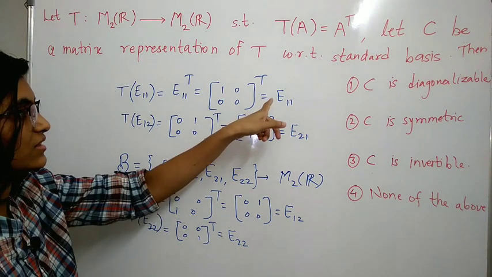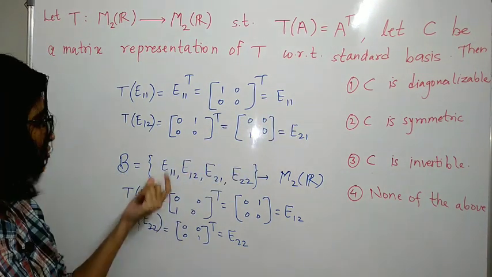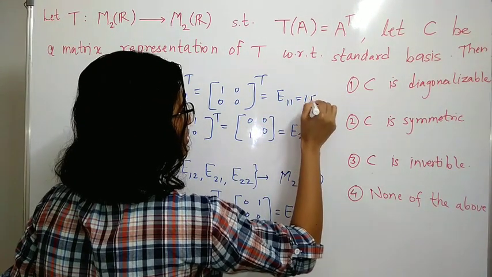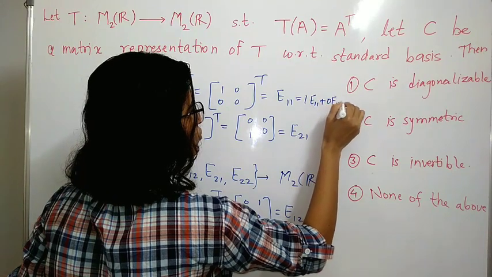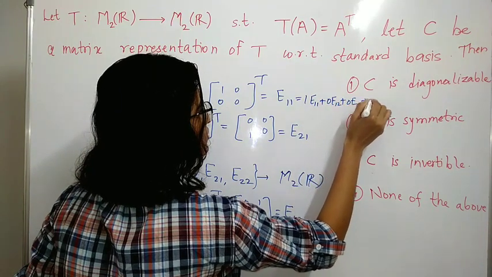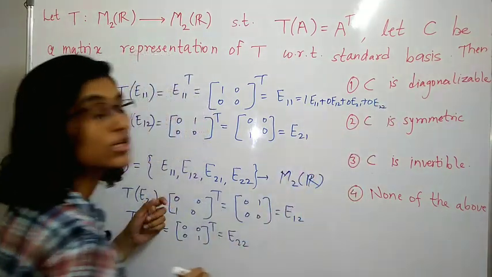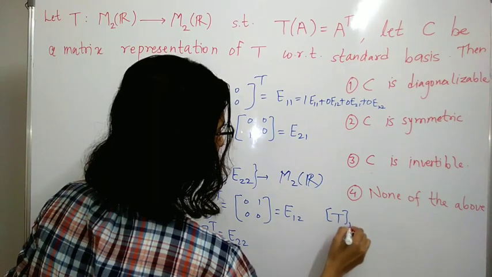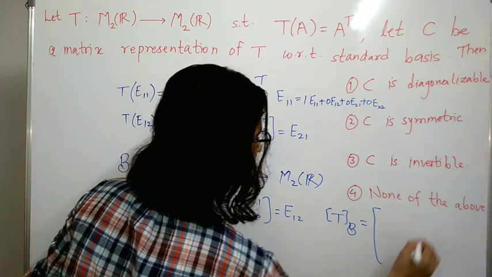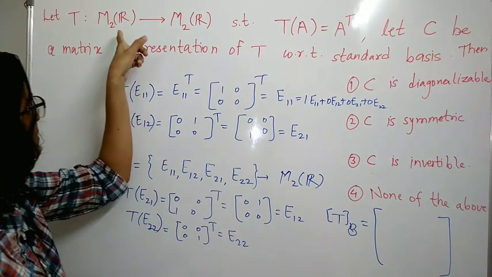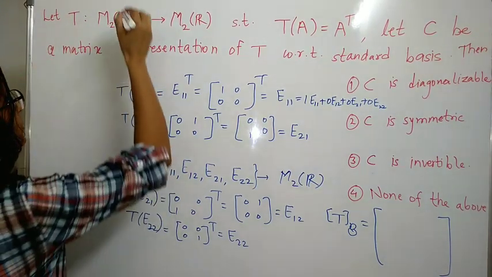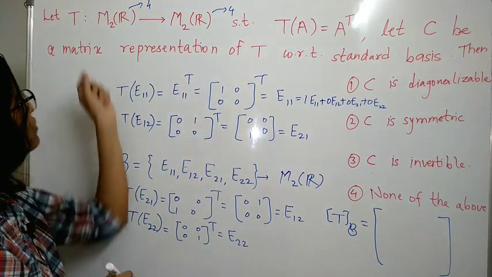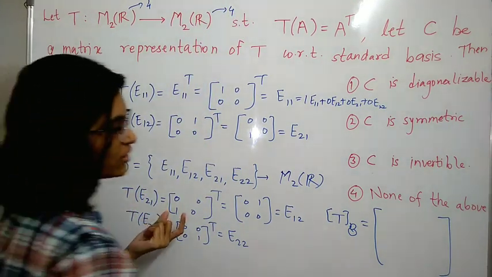Now express these vectors as linear combinations of the basis elements. We can write E11 as 1 times E11 plus 0 times E12 plus 0 times E21 plus 0 times E22. So how do we find the matrix of T? Look at the vector space: it has dimension 4, so the matrix of T is a 4 by 4 matrix.